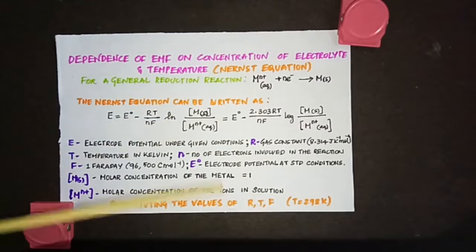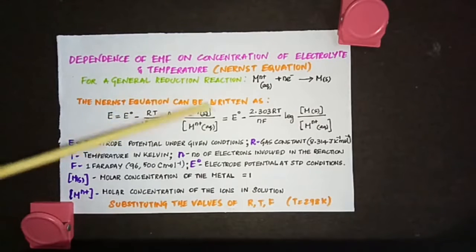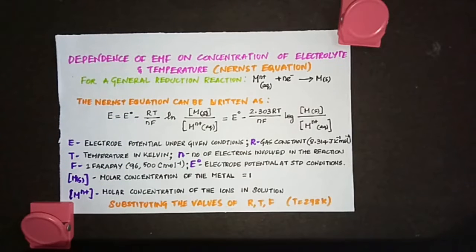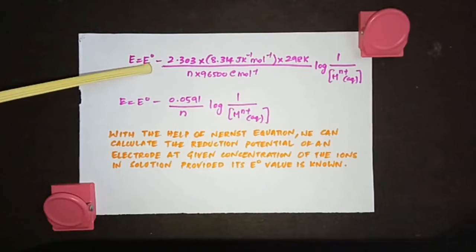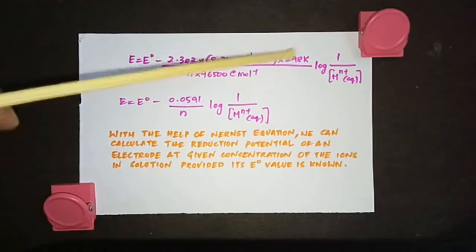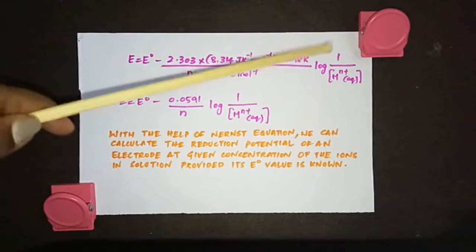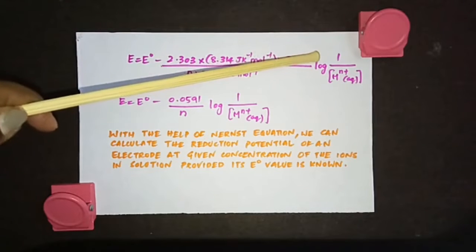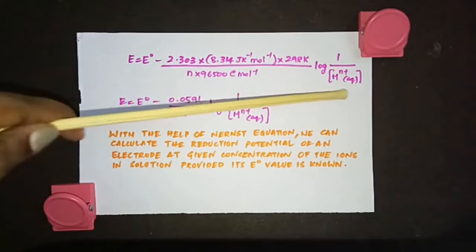If you substitute all these values here, your equation becomes E = E° − 2.303 × (R value, T value) / (n × F value, Faraday) × log 1 divided by the molar concentration of the ions in solution, because I told you the molar concentration of a solid is taken to be 1.